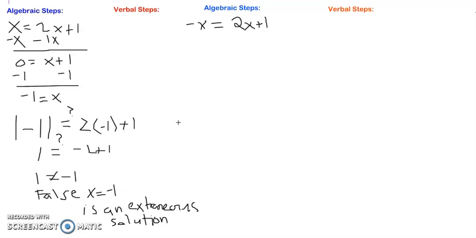Now let's look at this again and write out the verbal steps. So our first step here is to subtract 1x from each expression. Our next step is to subtract 1 from each expression.